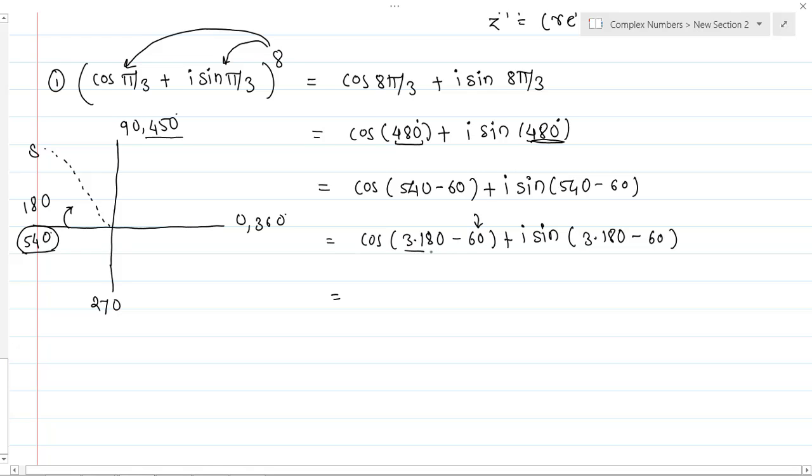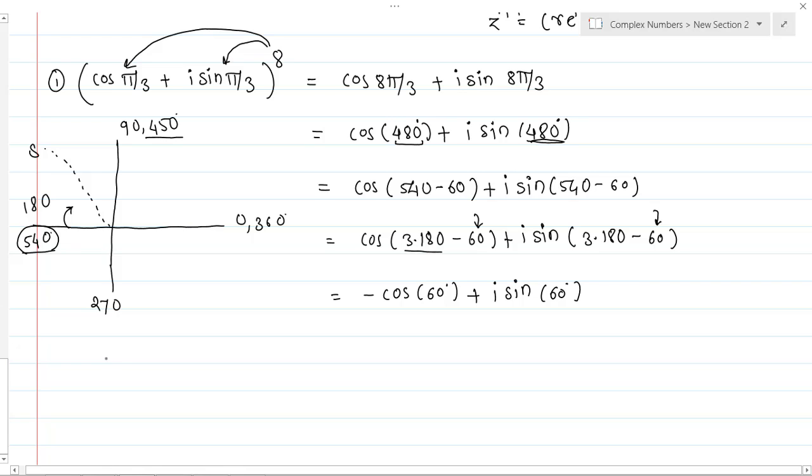When you come in the form of 180, whatever remains there is our standard angle. So cos is negative, so that's why I am writing minus cos of 60 degree. Is it okay? Plus, what about sine? Positive, so keep it positive as it is: i sin of 60 degree.